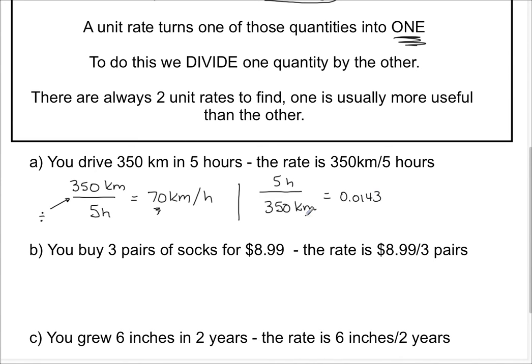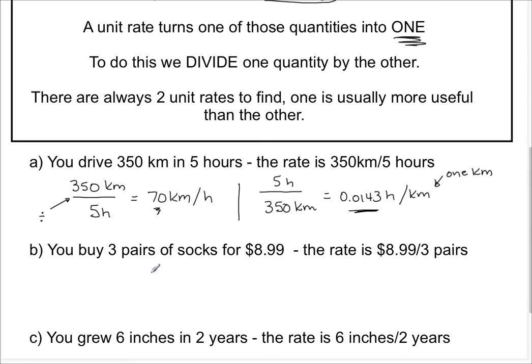We did hours first and kilometers second. So this is hours per kilometer. What this tells us is how many hours it takes to go 1 kilometer. Obviously, it's not very many hours to go 1 kilometer. You're probably going more like a kilometer every minute rather than thinking about the hours.